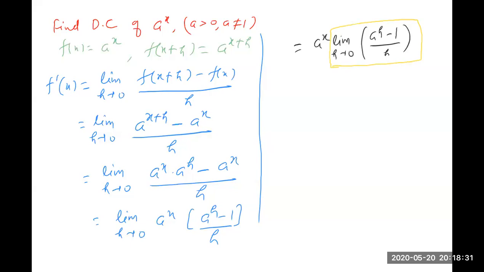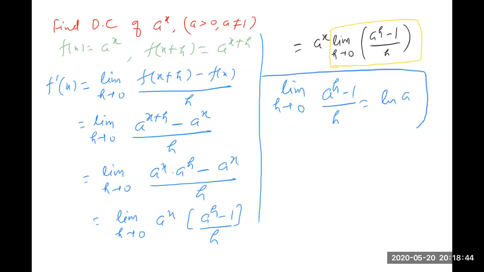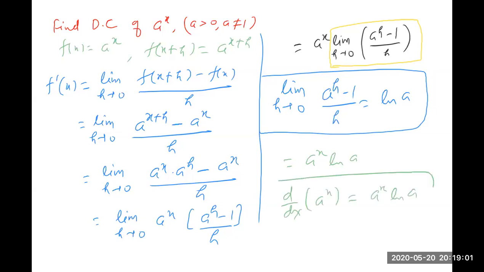If not given, you can write limit h tends to 0, (a raised to power h minus 1) upon h is equal to log a, base e. Using this formula we will get a raised to power x log a. That means the derivative of a raised to power x is equal to a raised to power x log a. This is the formula.